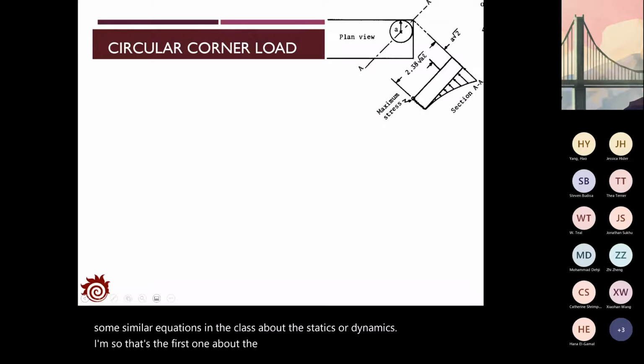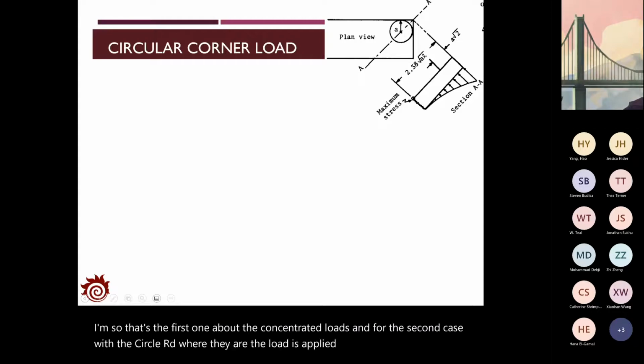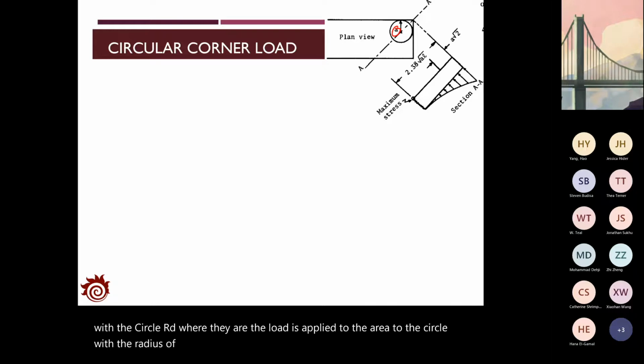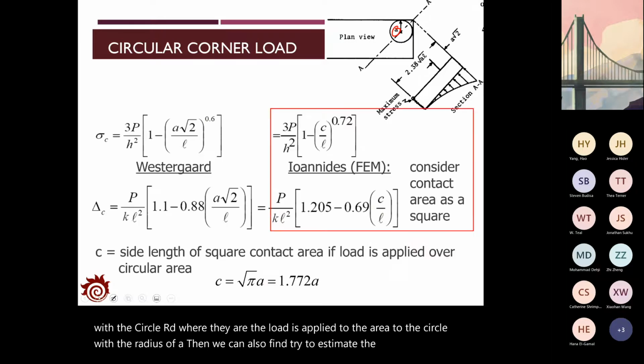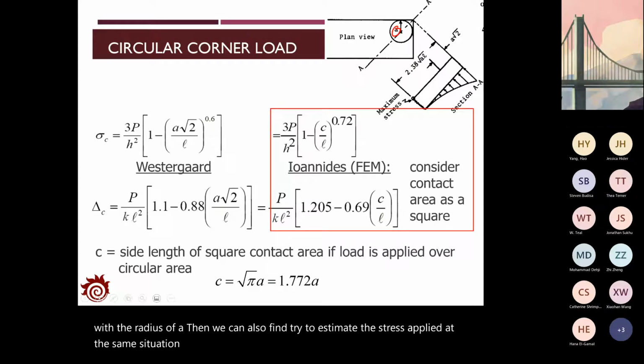For the second case, with the circular load, where the load is applied to an area, to a circle with the radius of a, we can also estimate the stress applied at the same locations, with the distance x to the corner.